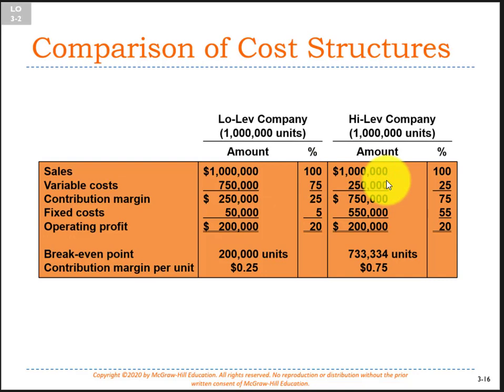This one has a lot of fixed costs and much lower variable costs for the same amount of sales, right? So their break-even point, because of those fixed costs, is much higher, but their contribution margin is much higher as well. Now, let's see what happens when things change.